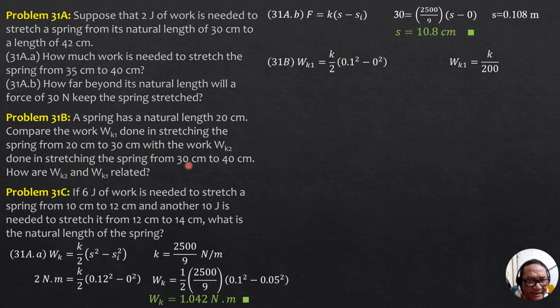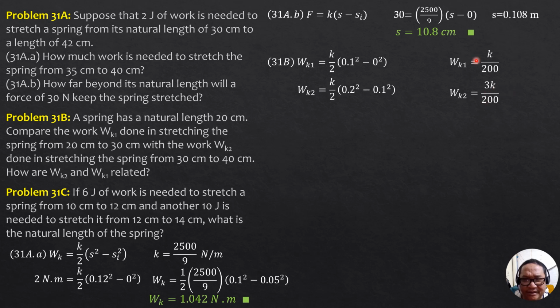So from 30 to 40, that means S is 40 minus 20, 20 cm or 0.2 meter, while 30 minus 20 is 0.1 meter, 10 centimeters. So S is 0.2 meter and SI is 0.1 meter for this problem. So the work 2 is K over 2 quantity 0.2 square minus 0.1 square. Simplifying, that is equal to 3K over 200.